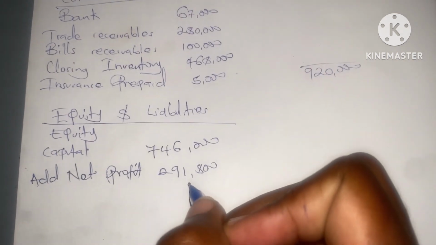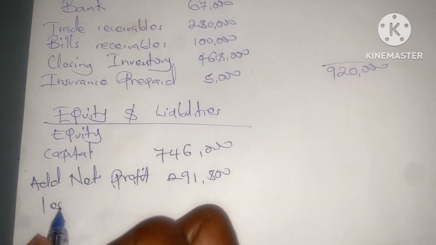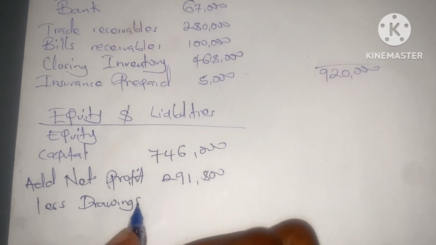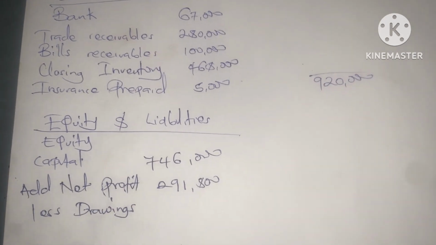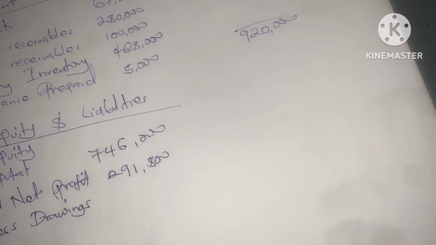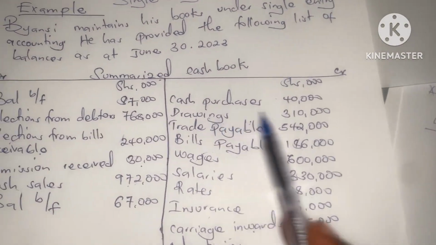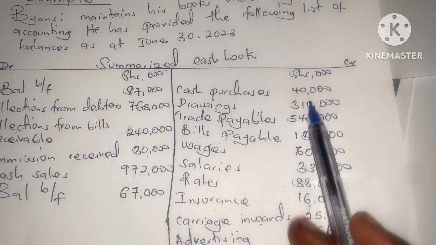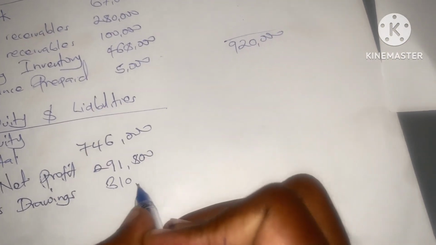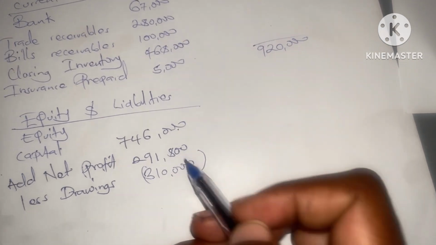That was the net profit from our profit or loss. Then we less drawings. According to our question, we had drawings of 310. So we less drawings of 310,000, like that.